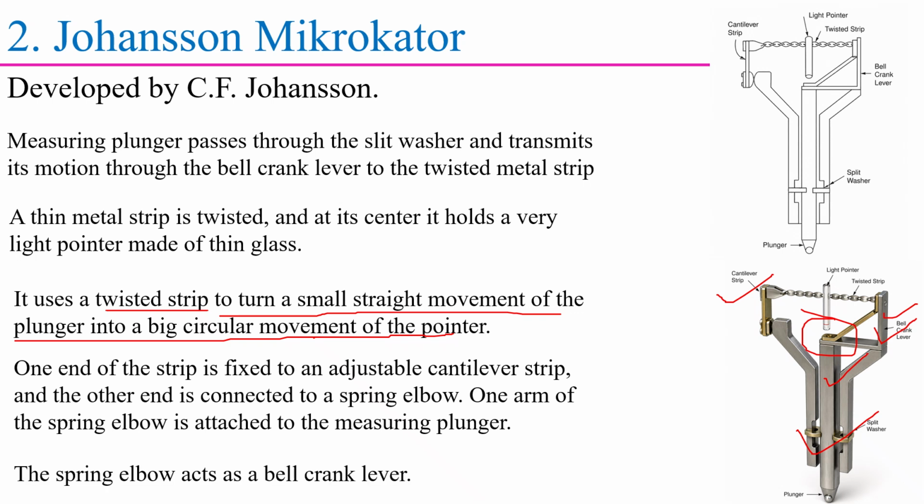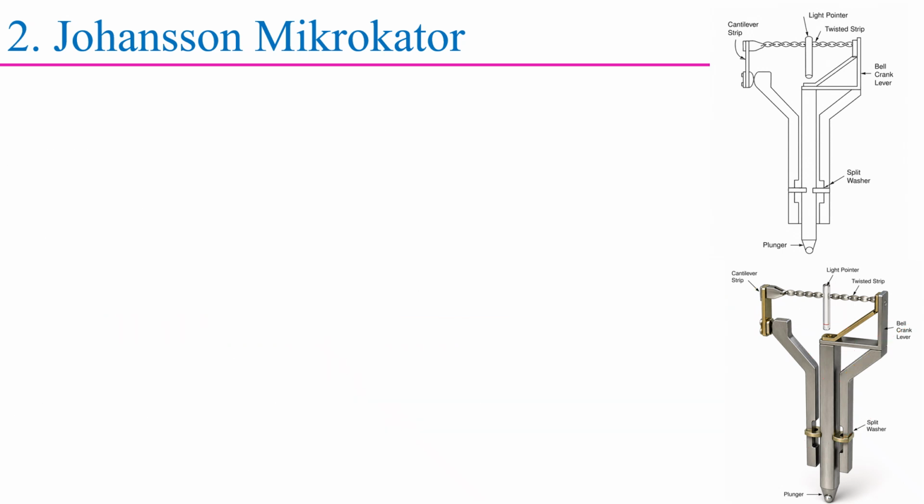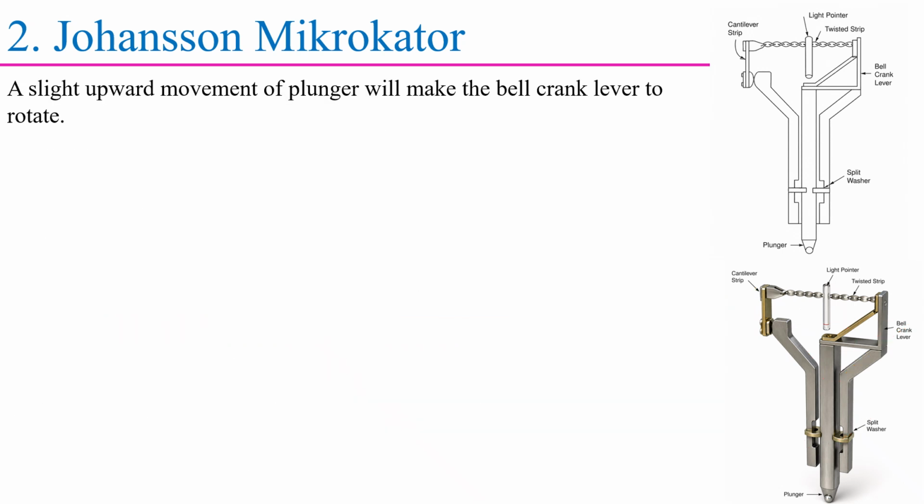Moreover, this spring elbow acts as a bell crank lever. A slight upward movement of the plunger will make the bell crank lever rotate. So here, first we are converting the linear motion of the plunger into the rotary motion of the bell crank lever.